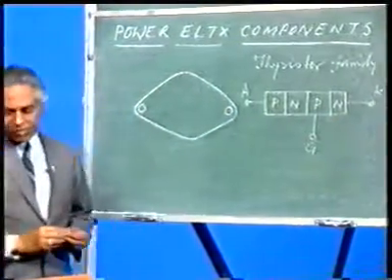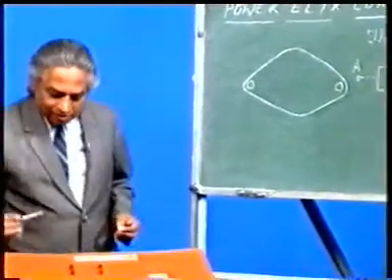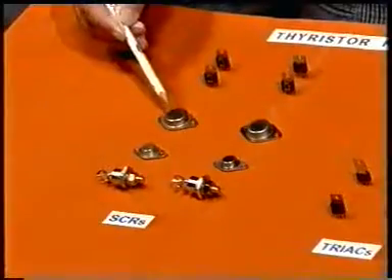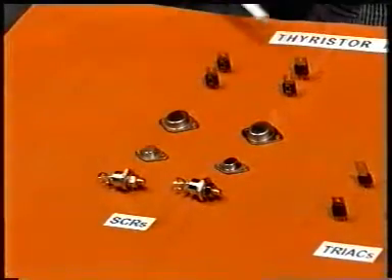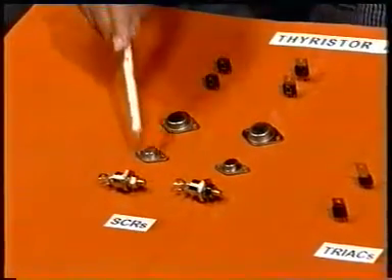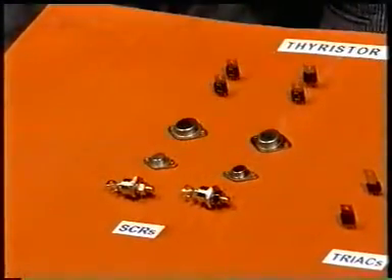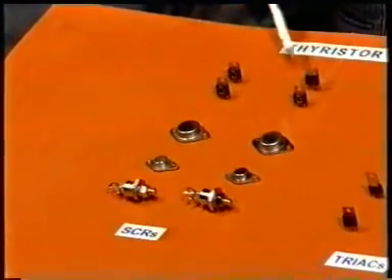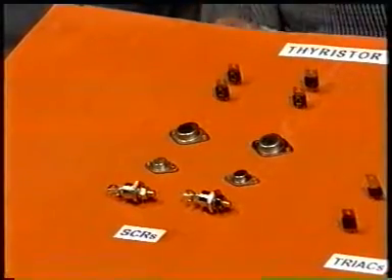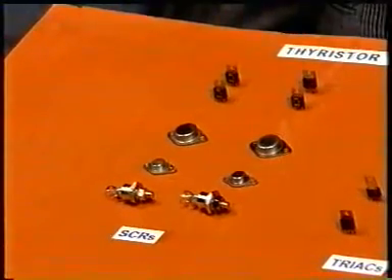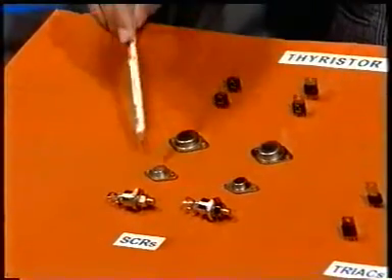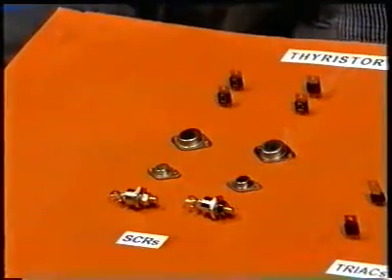Now if I look here, you will find that I have shown 3 classes of SCRs. Number 1 is this class, 4 of them. Number 2 is these 2, and there is another class, the third type of SCRs. This class looks like a power transistor, isn't it?